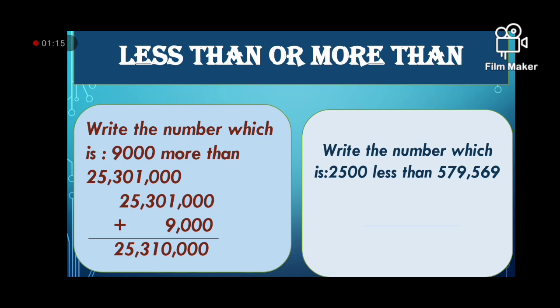Now the less than means, write the number which is 2,500 less than 579,569.